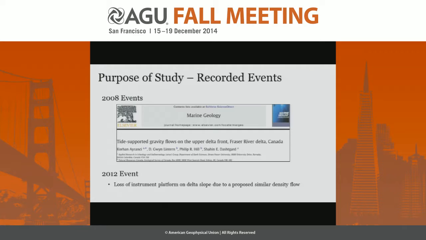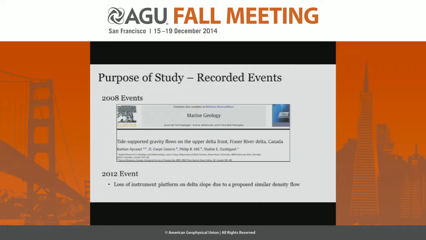A more interesting, more recent event is the 2012 event. On June 4th, 2012, the Delta Dynamics Laboratory lost connection. In the moments before losing connection, it seems to have been tumbling downhill and collecting data before the cable finally severed, and it was found later downslope and buried by sediments.